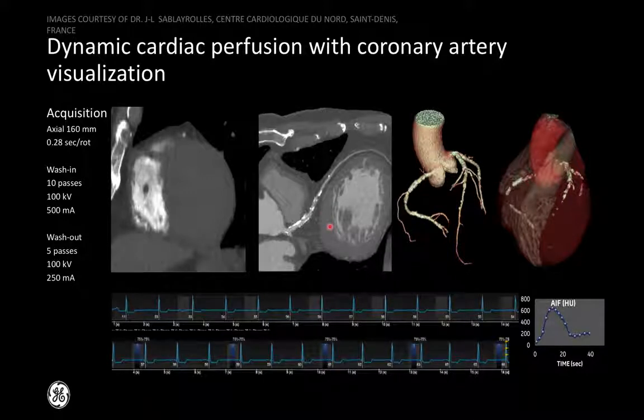Can I do it with 1/10 as many views, right? And if I can do it with 1/10 as many views, then when I put all my 20 pictures together, it's basically the dose of just 2 pictures, right? So it's a big question. What's the best way to reconstruct it when you have limited views, right? Or do you take the same number of views, just drop the X-ray fluence way down, right?